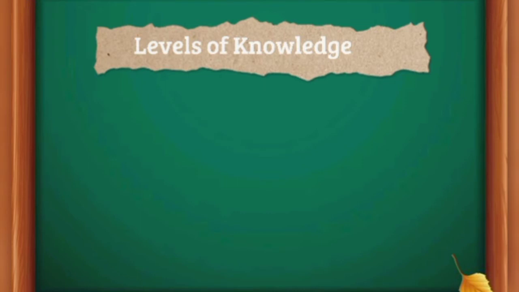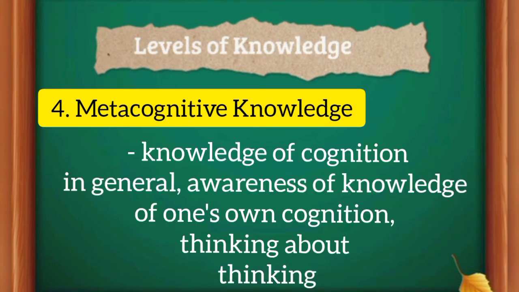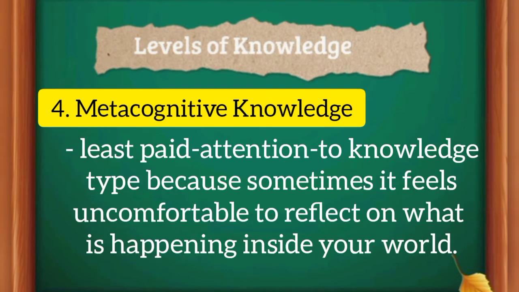The last one, levels of knowledge, is metacognitive knowledge. It is knowledge of cognition in general, awareness of knowledge of one's own cognition, thinking about thinking. This is probably the least paid attention to knowledge type because sometimes it feels uncomfortable to reflect on what is happening inside your world.